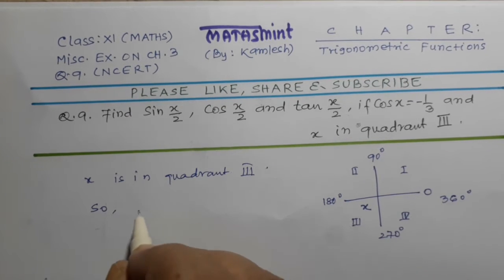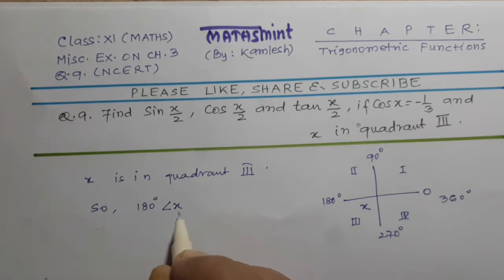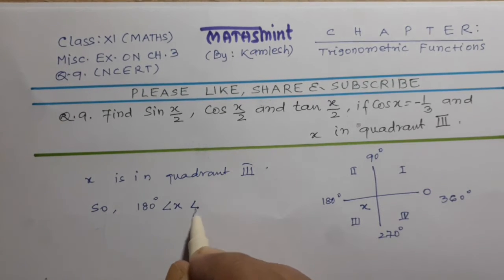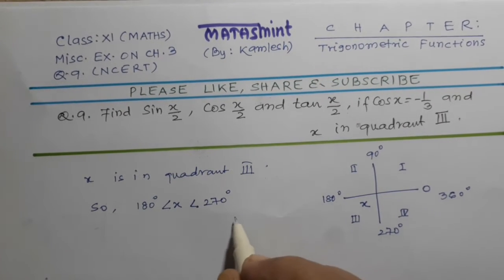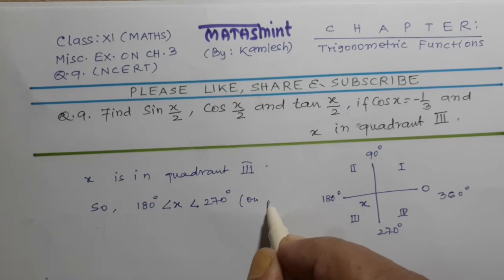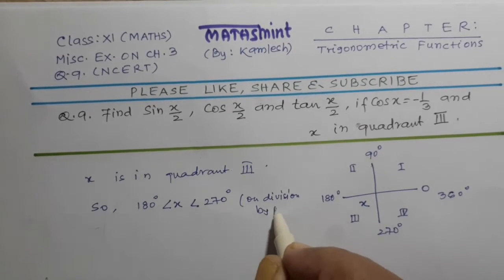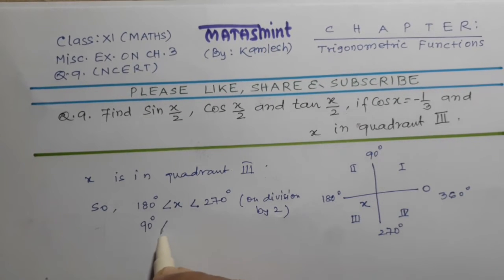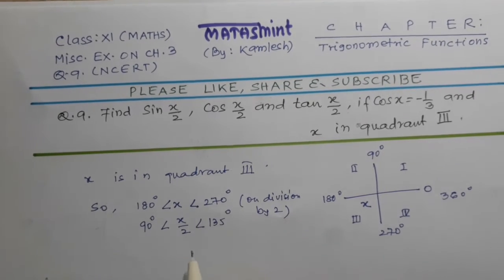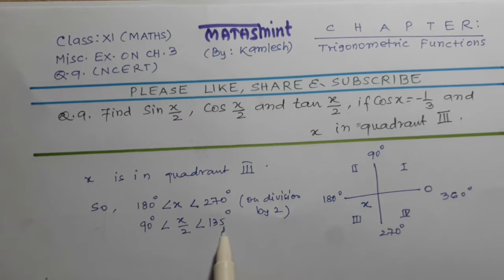So 180 degree is smaller than x and x is smaller than 270 degree. On division by 2, it will be 90 degree, x by 2, and 135 degree. So x by 2 will lie between 90 degree and 135 degree.